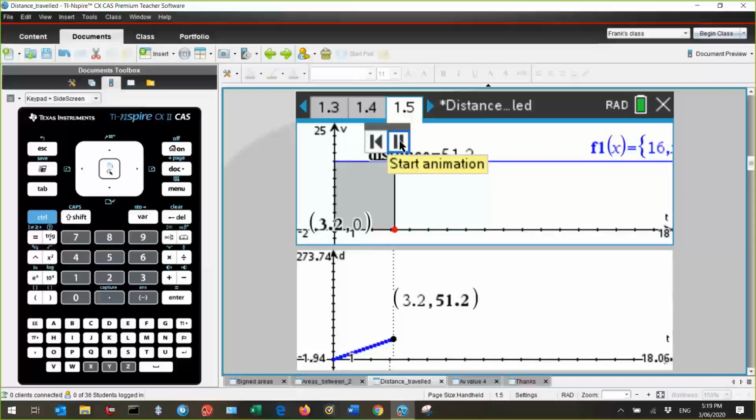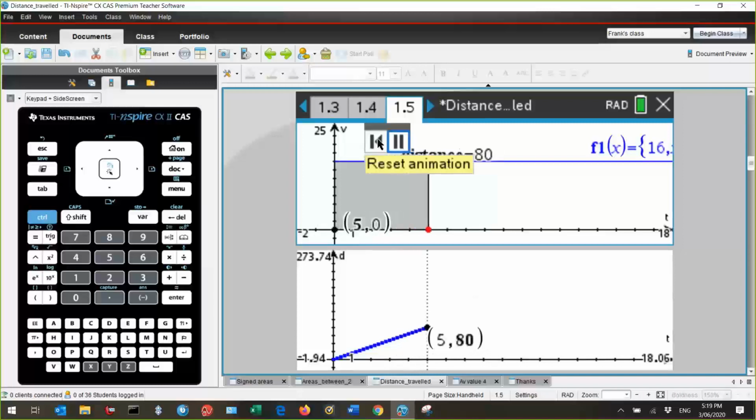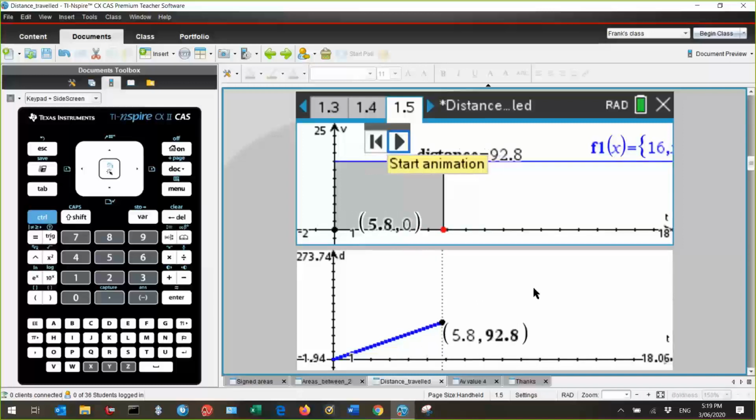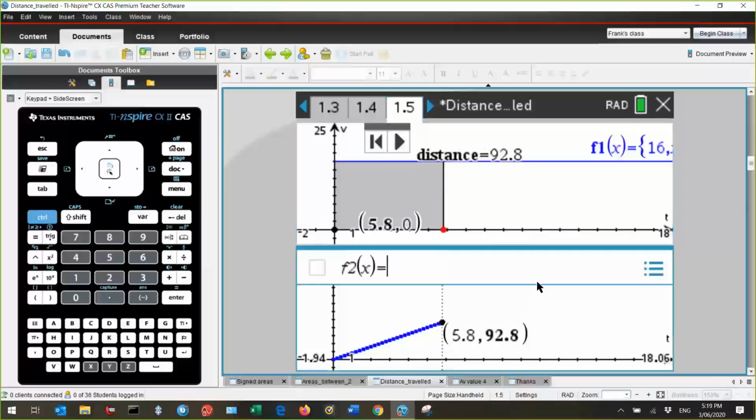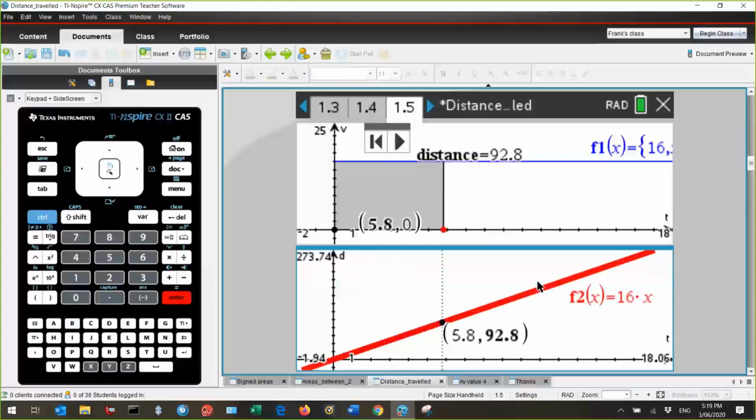So I keep going, and I see that I get a straight line, and I wonder what the equation of that line might be. Well, it might be 16t, or in this case, because I'm using the graphs application, I'm going to have to call it 16x, since I have to use x as the variable. And I see that, indeed, it does match all of those.